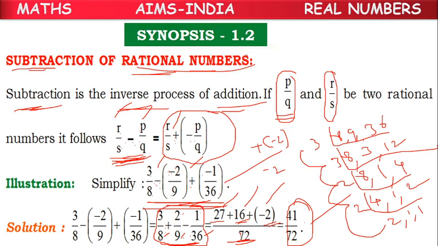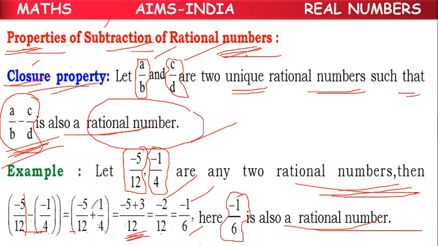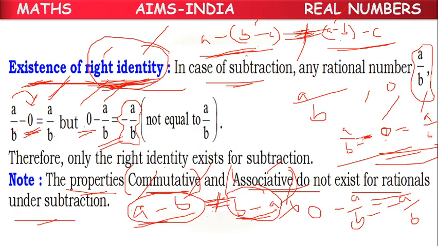Subtraction of rational numbers. Subtraction is nothing but inverse of addition. So in the place of minus, we can write plus of minus. So they will follow closure property. If two rational numbers are there, their subtraction also will be a rational number. So right identity will be there.